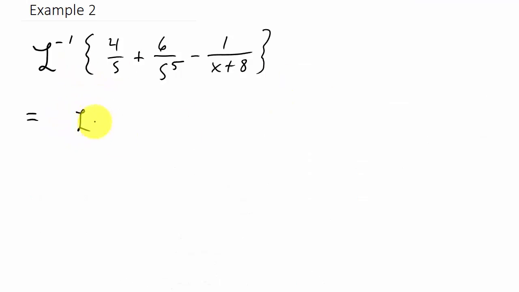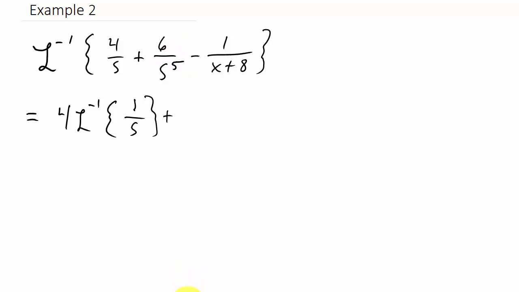This is going to be the inverse Laplace transform of 4 over s. But remember, in the formula, there was a 1 up here. So I need the 1, so I'm going to take this 4 and bring it outside. Plus, now I have 6 over s to the 5th.